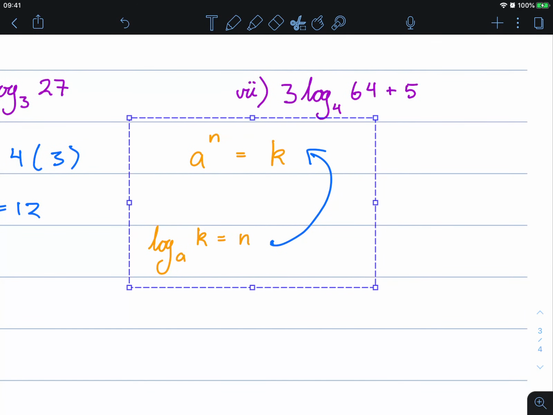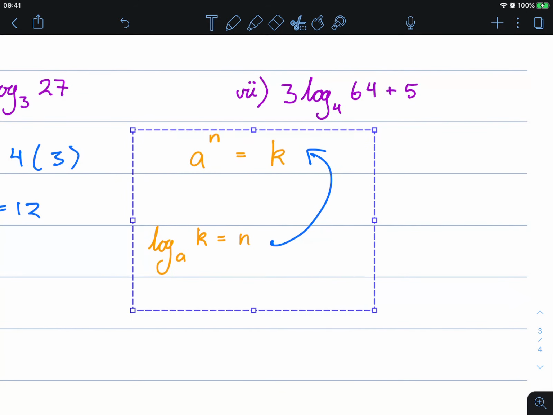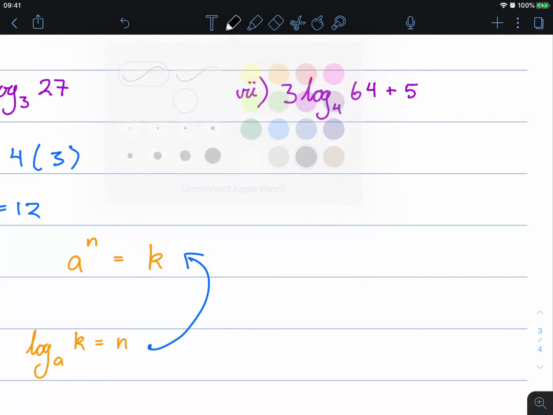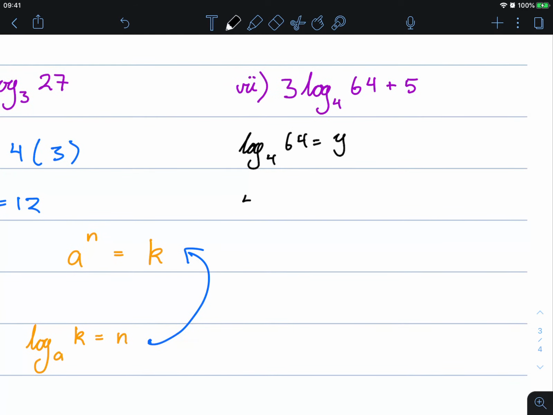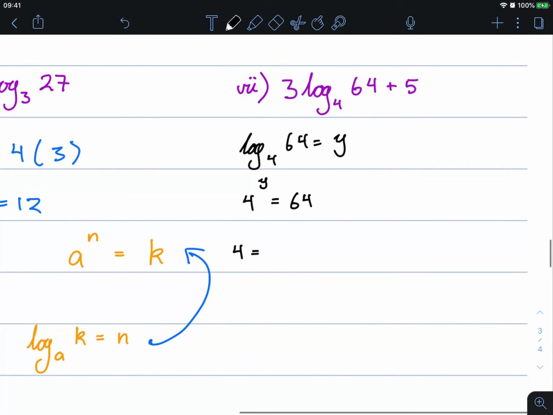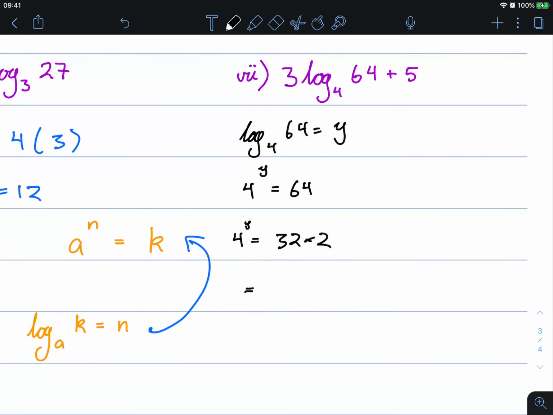One last one here. Again, a little sub calculation of this one. That's log base 4 of 64. Let that equal, let's make it y just to be a bit creative. 4 to the power of y is equal to 64. 64 is 32 times 2. 32 is 16 times 2 times 2.